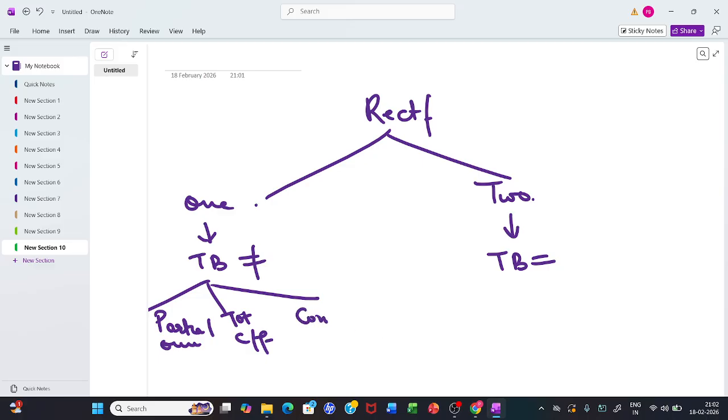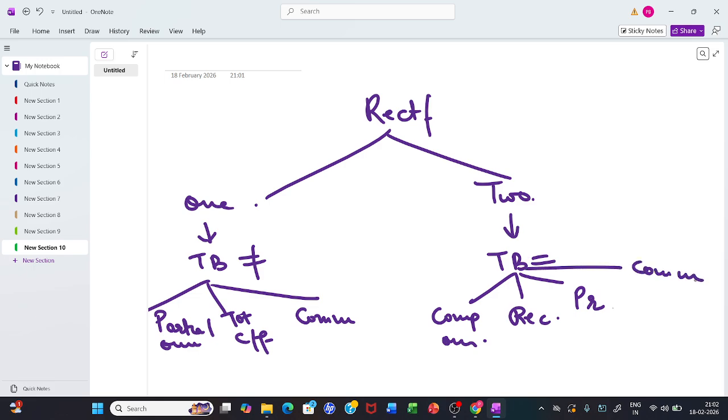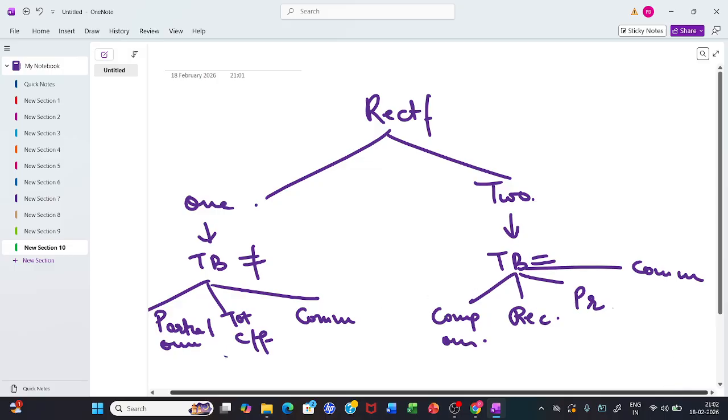Two-sided are error of complete omission, error of recording, error of principle, and again error of commission. In error of commission, the account goes wrong: either the side is wrong, or the amount is wrong, or both.